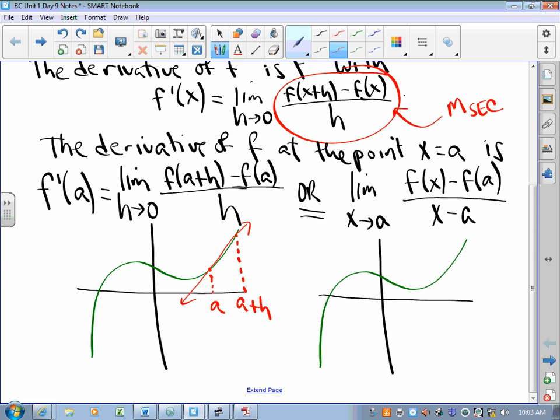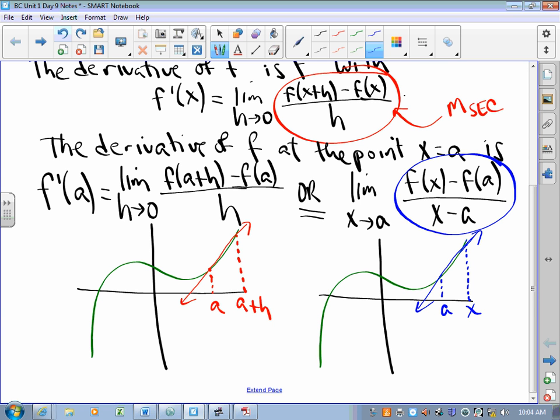So again, this part is the slope of a secant line, and the limiting process makes it the slope of a tangent line. Over on the right, we take our generic point a, we move over to some generic point x, and we take the slope of a secant line through those 2 points. f of x minus f of a is the change in y. x minus a is the change in x.